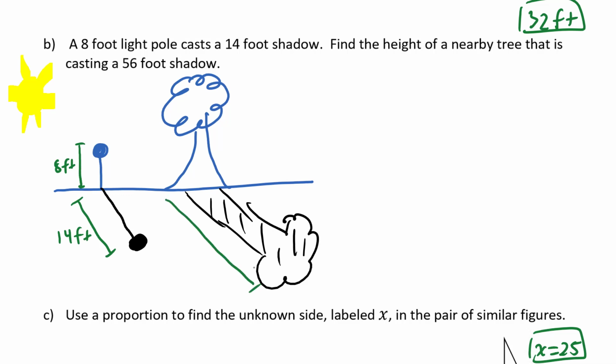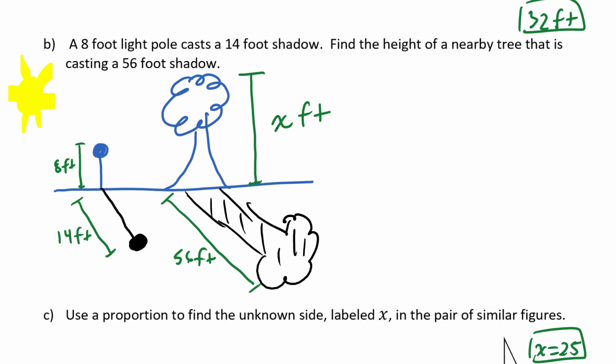And we know this shadow is 56 feet. The question is, how tall is this tree? Let's remove the question mark and we'll put in our value of x, our variable.